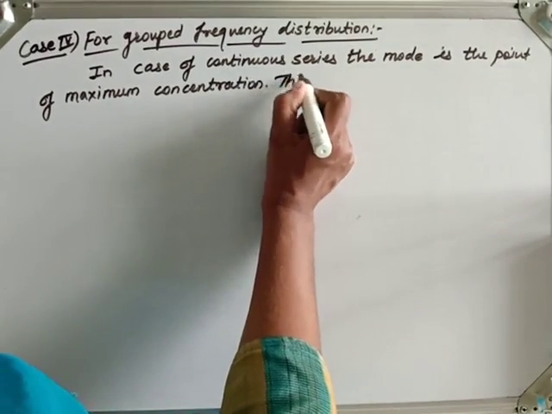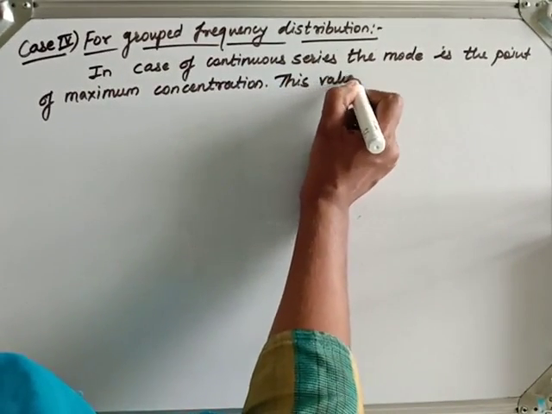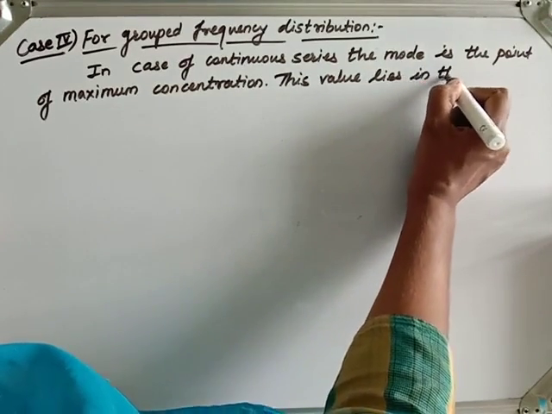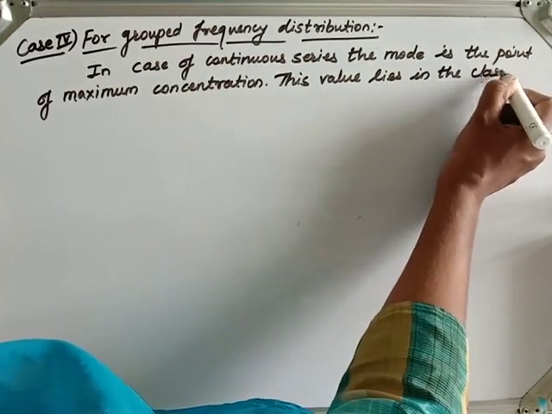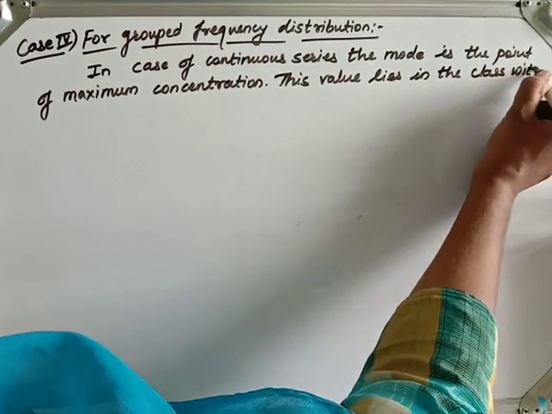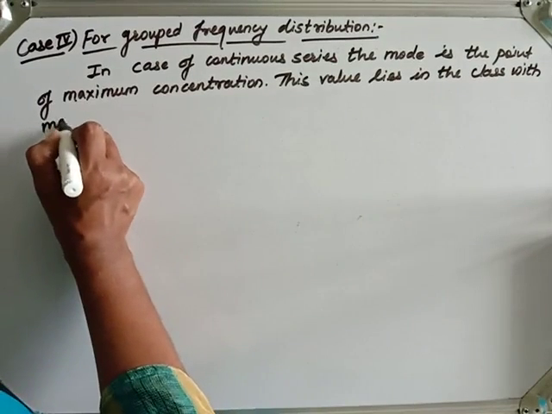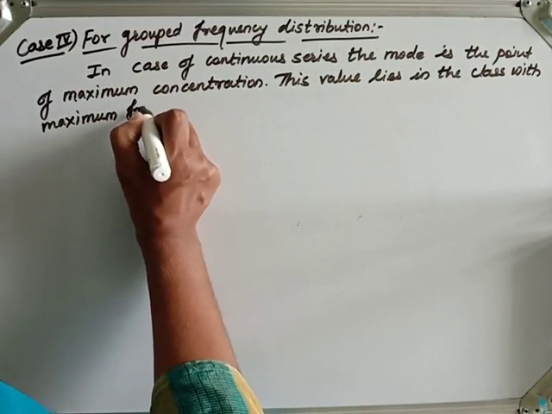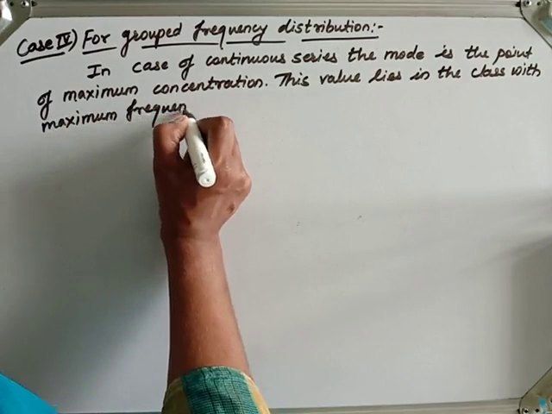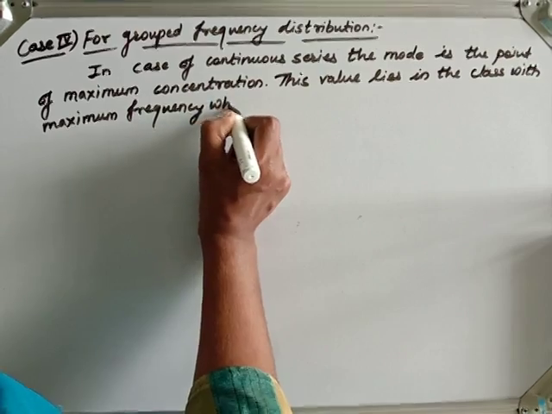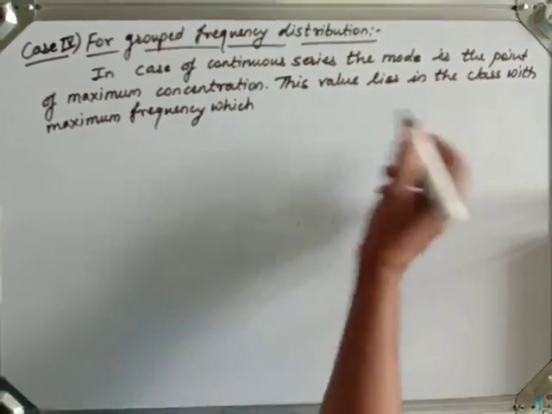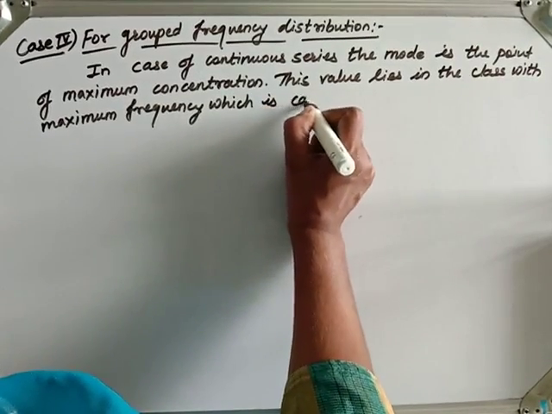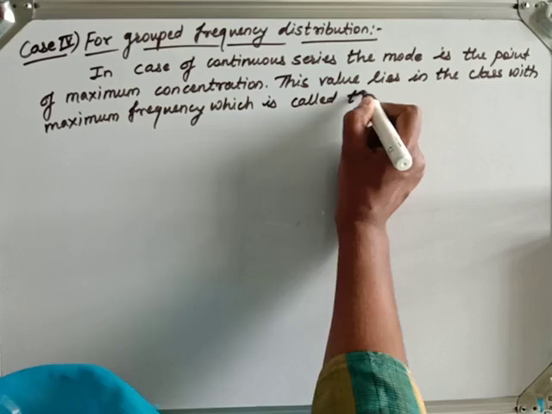This value lies in the class with maximum frequency, that class having the maximum frequency, which is called the modal class.